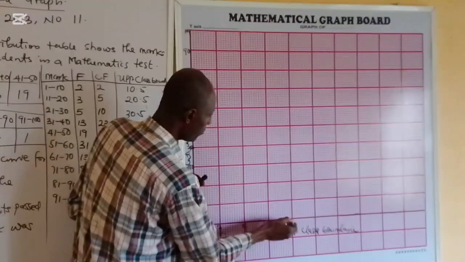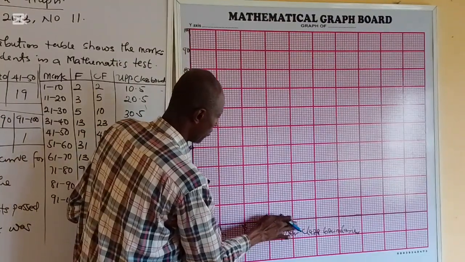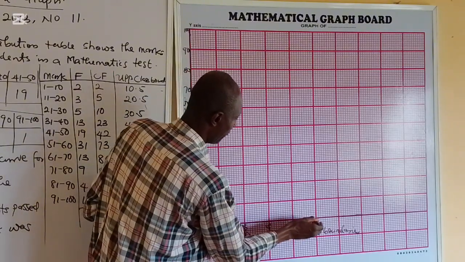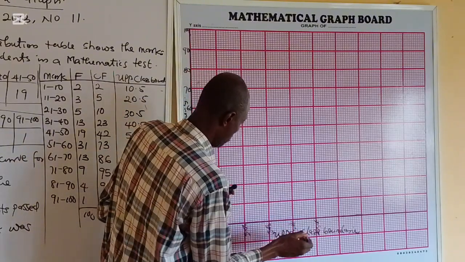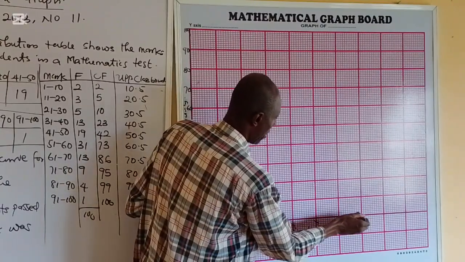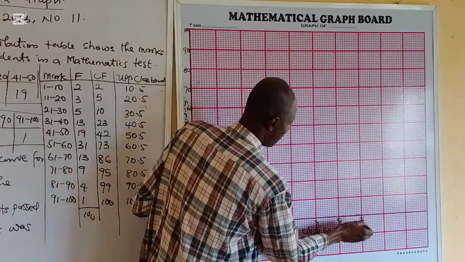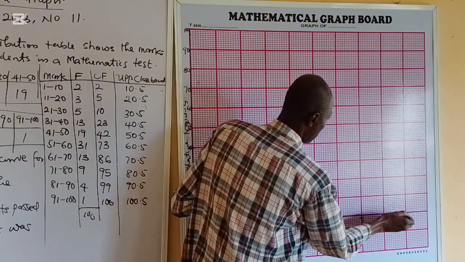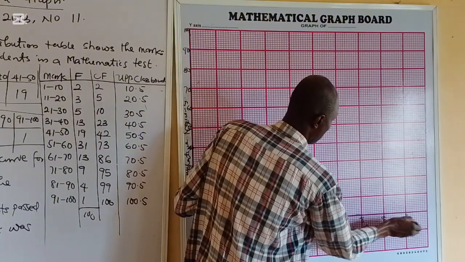Here is 40.5. Here is 50.5. Here is 60.5. Here is 70.5. Here is 80.5. Here is 90.5.